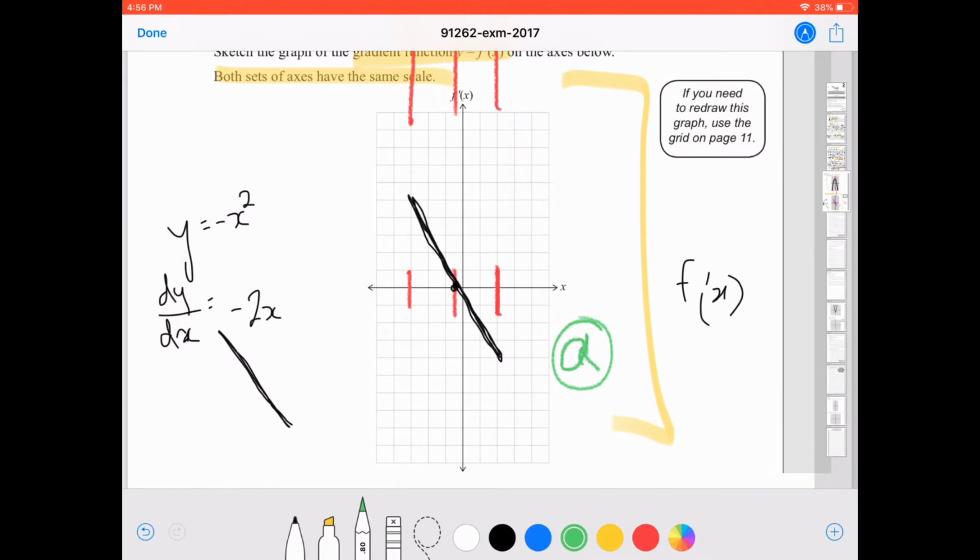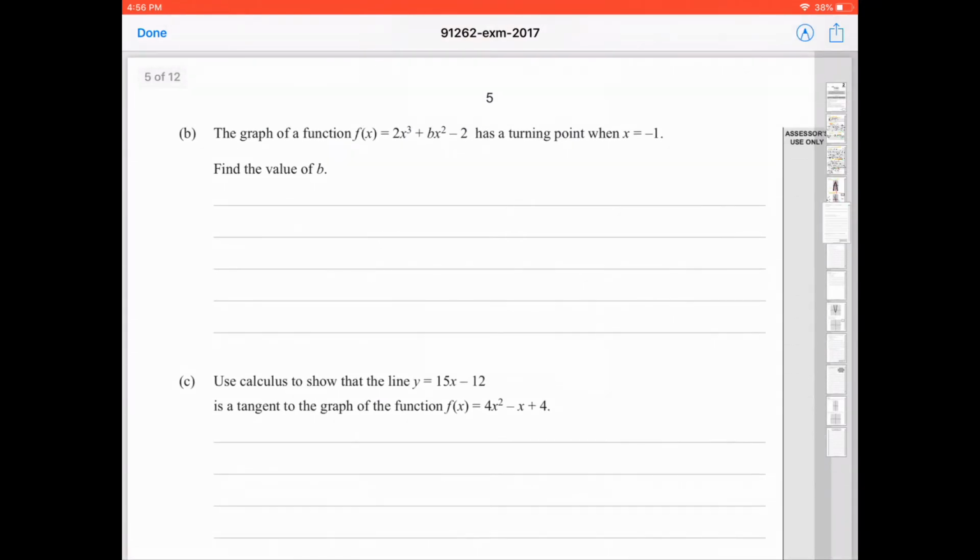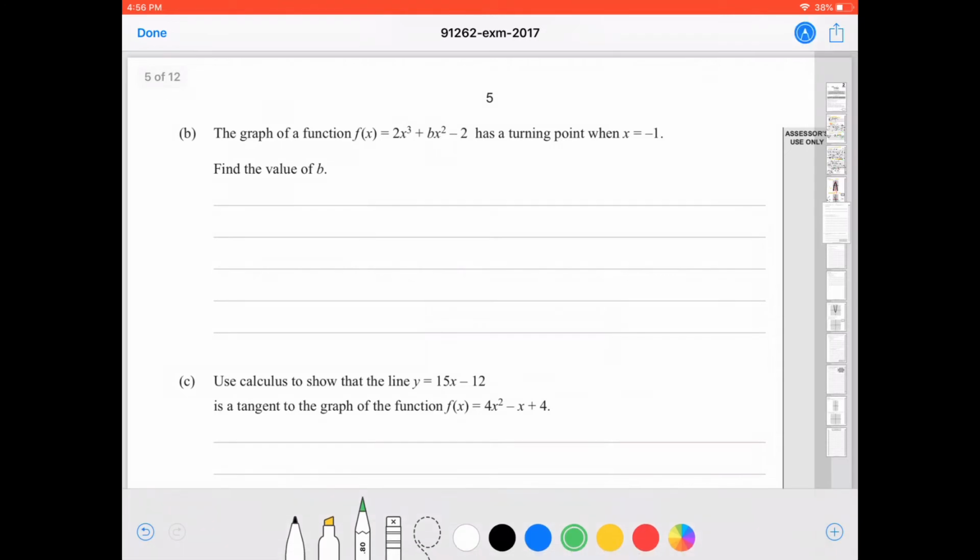Okay, moving on now to question 1b, it says the graph of a function f of x equals 2x cubed plus bx squared minus 2 has a turning point when x equals -1. Find the value of b. Okay, so we've sort of done questions like this already.